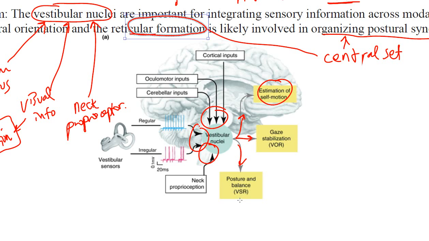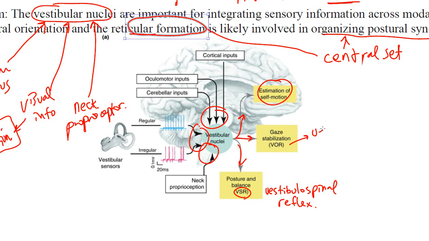If it goes down to the spinal cord, this VSR is vestibulospinal reflex. So it's using the vestibulospinal tract to activate the extensors of the lower limb. If it goes to the cranial nerves, which control the eye movement, it can create the VOR.